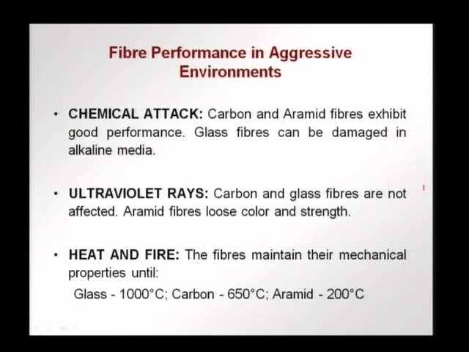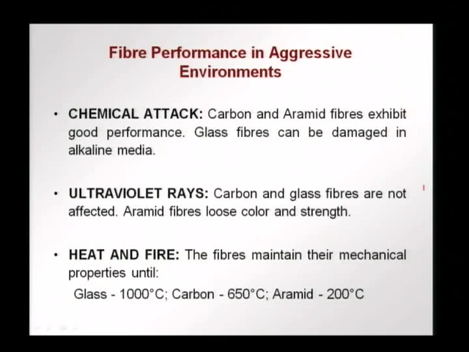Ultraviolet light can affect polymers. However, carbon and glass fibers are not affected. Aramid fibers, again aramid being a polymer, can lose color and strength under consistent exposure to ultraviolet rays.